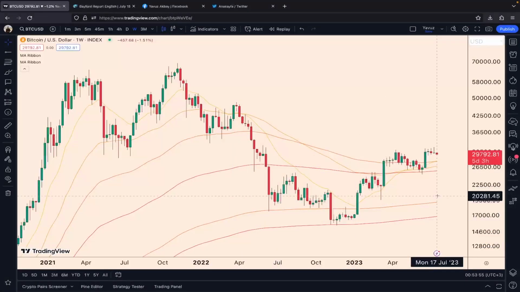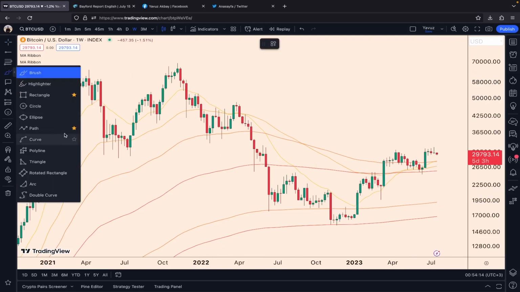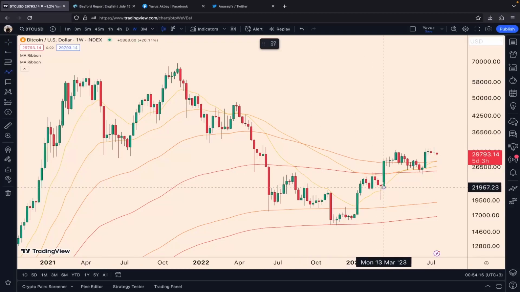After that point, since we're in a bull market, these moving averages are only going to be pullback zones, which are going to be, let's say, EMA 17 and 50. When Bitcoin pulled back like here, it went up, then pulled back.